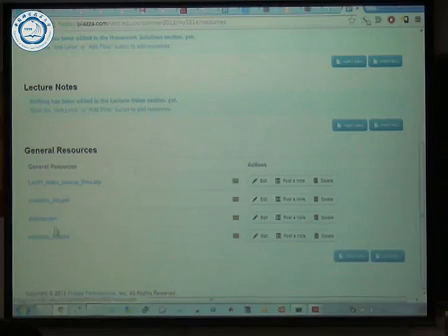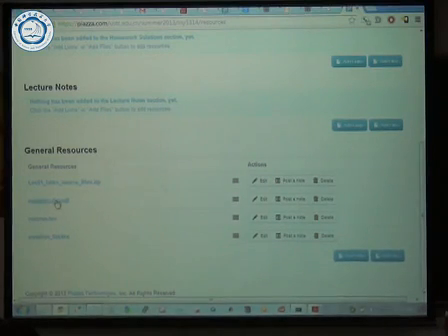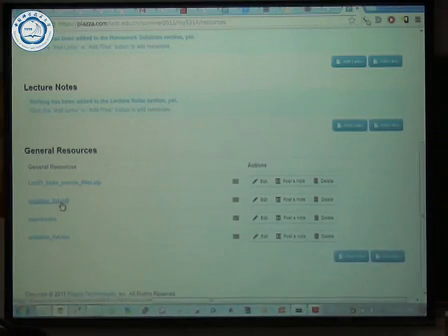There are 2 text files. One text file is called macros. This defines a bunch of standard macros you're going to use. And notation list.tex is the source file for this PDF file. If you open up this PDF file, it's going to tell you what you should do in terms of notation.